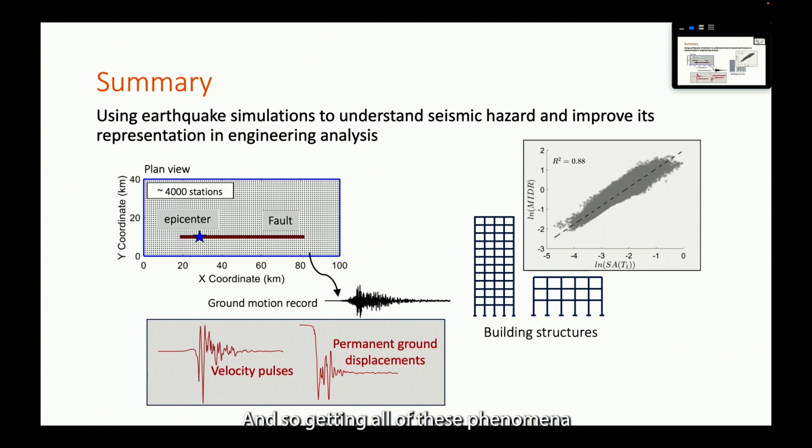And so getting all of these phenomena that can have very substantial impacts on the structural behavior, and then connecting them with both their causes in terms of the rupture characteristics and their effects on the structure, so that we're better able to improve the representation in engineering analysis.